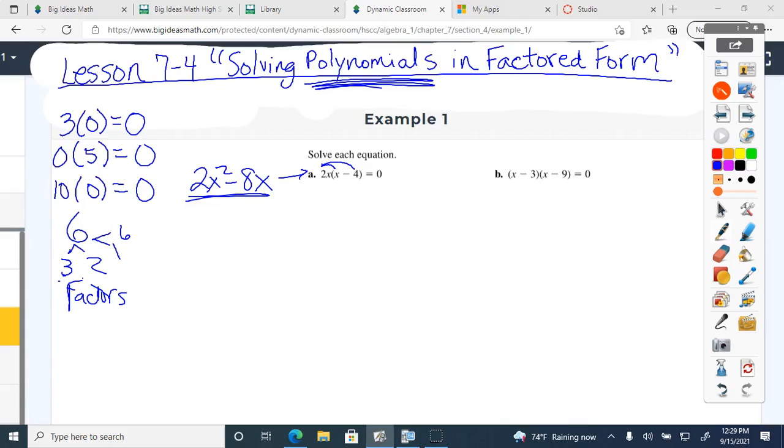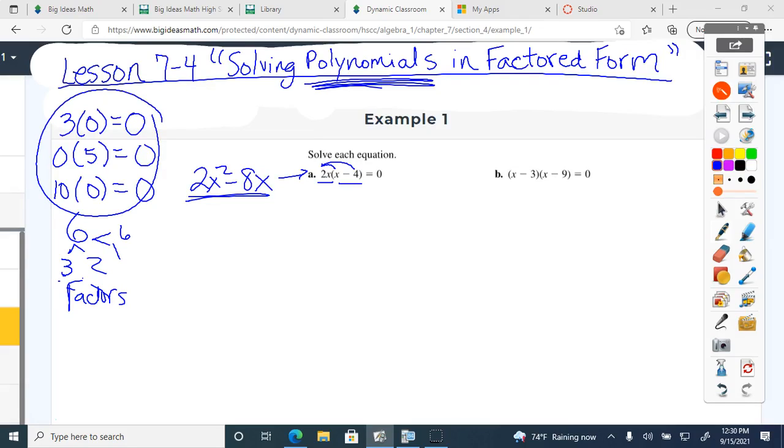We want this to equal what? 0. So we're multiplying 2 things, and we want it to equal 0, right? We're multiplying 2x times x minus 4, and it needs to equal 0. We already discussed over here, in order to multiply something and your answer be 0, one of the things has to be what? 0.